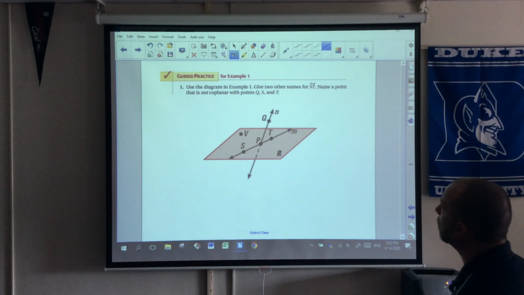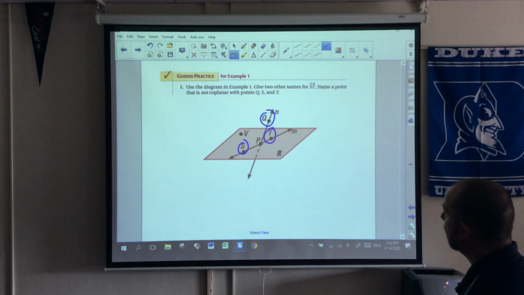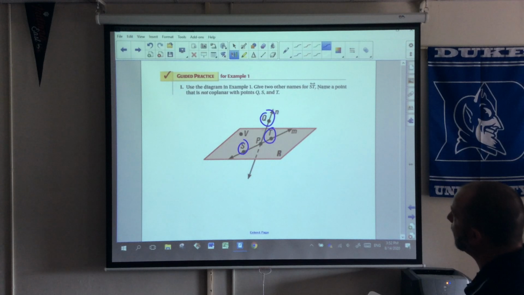Name a point that is not coplanar with points Q, S, and T. So here's Q, S, and T right here. Not coplanar with those. Now, is P on the same plane? That means if I did like a blue plane right here, I'm going to draw this poorly.